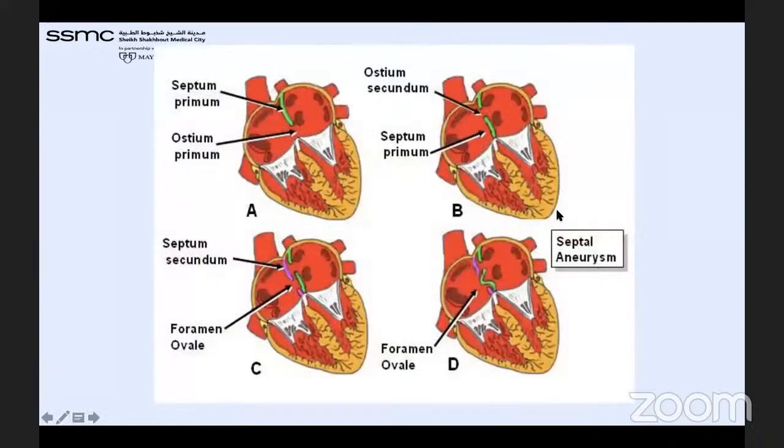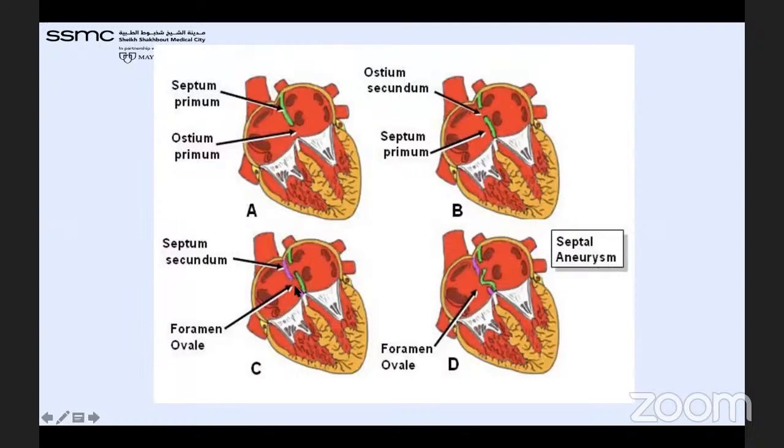Now, don't confuse the ostium primum and ostium secundum. It's very easy to understand. This is the septum primum, okay? And if you have a defect here, it is the ostium primum. Ostium is opening, ostium primum. This is the ostium secundum, if it is here, and this is the septum primum.